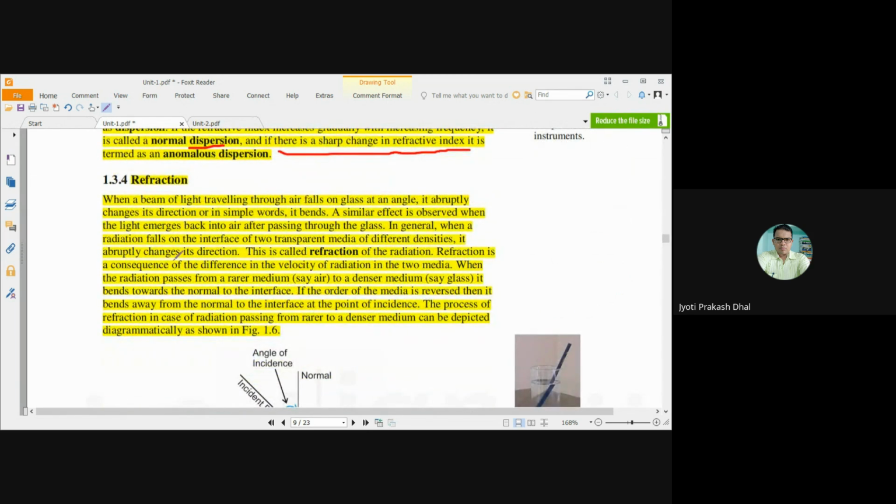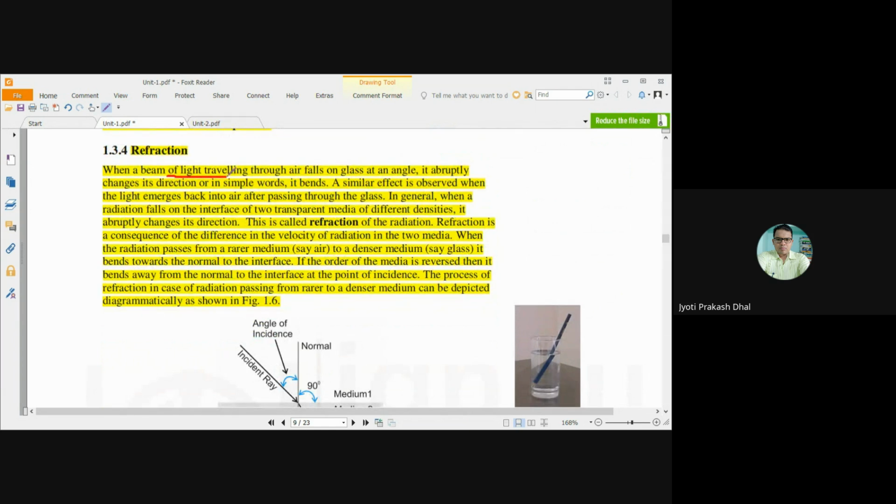Then coming to refraction. When a beam of light traveling through air falls on glass at an angle, it abruptly changes its direction, or simply, it will bend. A similar effect is observed when light emerges back into air after passing through the glass.